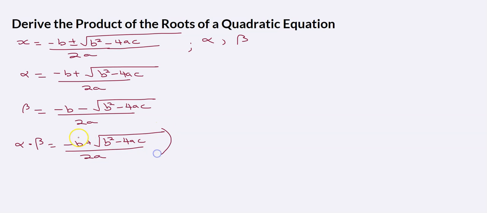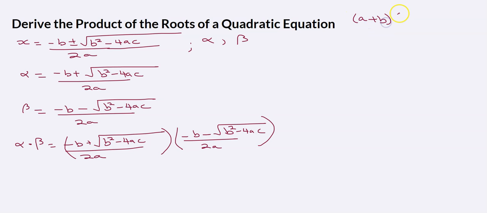And this is going to be multiplied by negative b minus the square root of b squared minus 4ac over 2a. So something important that we have to bring to our recollection as we walk through this is we need to remember that a plus b multiplied by a minus b equals a squared minus b squared.